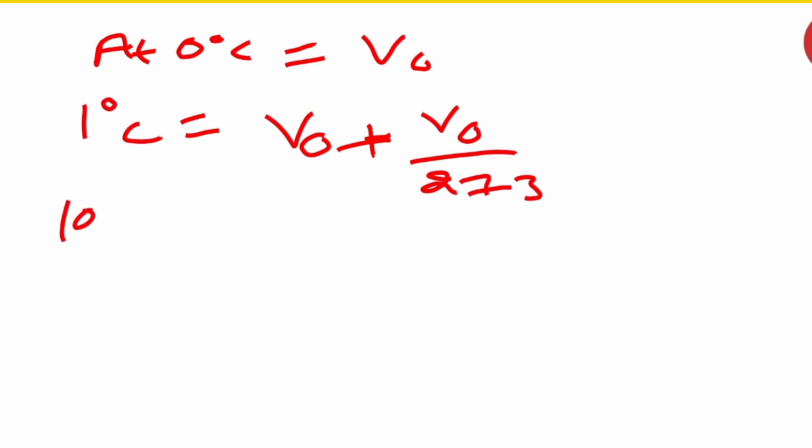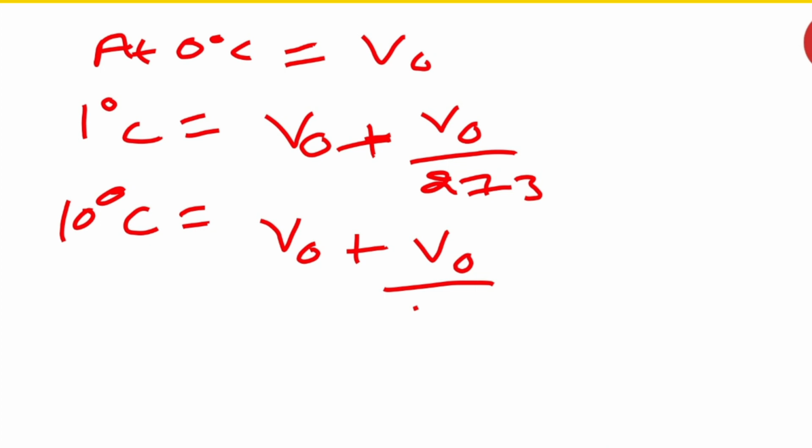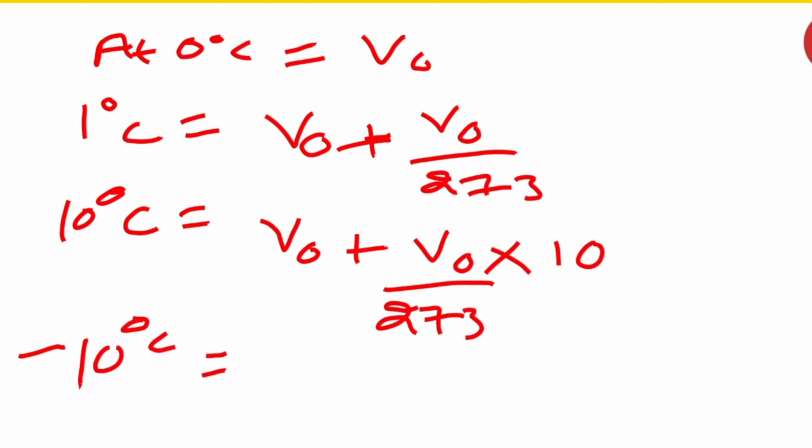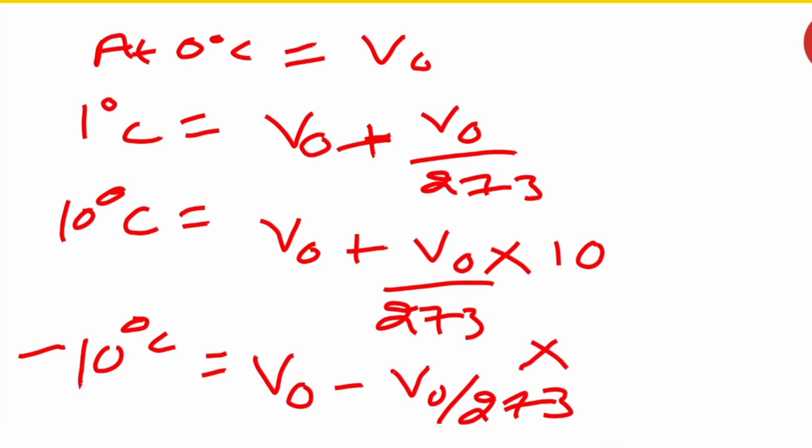If it is 10 degree Celsius, it becomes V naught plus V naught upon 273 into 10. Clear? If it is minus 10 degree Celsius, then V naught minus V naught by 273 into 10.